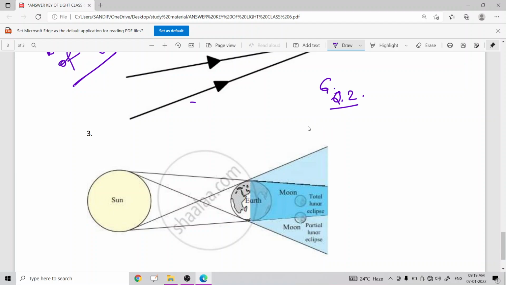It is in your textbook, page number 74. You will get the answer there, the drawing of the image.